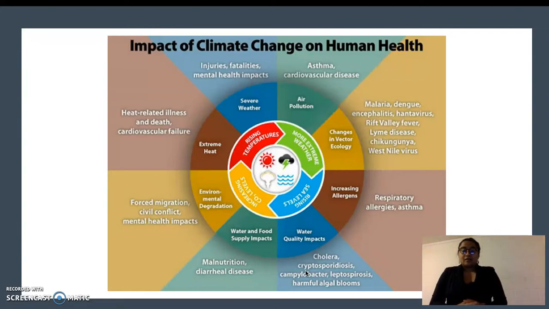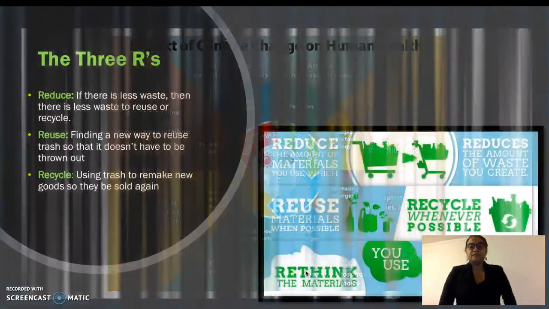Water quality impacts could cause harmful algae blooms. Water and food supply impacts could be malnutrition and diarrheal disease. Environmental degradation means forced migration, civil conflict, and mental health impacts. The biggest one would probably be extreme heat: heat-related illnesses and death, cardiovascular failure, just due to climate change and the Earth becoming a lot warmer.